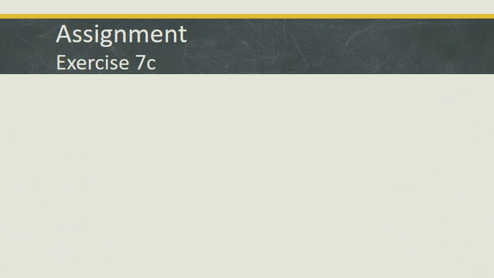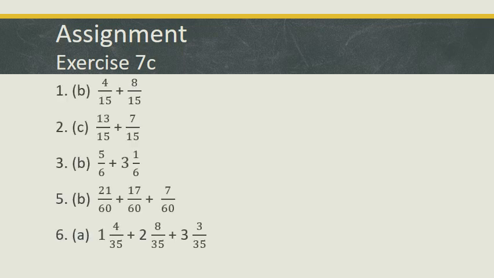The first assignment is from exercise 7C. You have to solve the following questions. These are the addition of like fractions. And you have already learned how to do the addition of like fractions. So you will do all these sums in your notebook in very neat and clean handwriting.